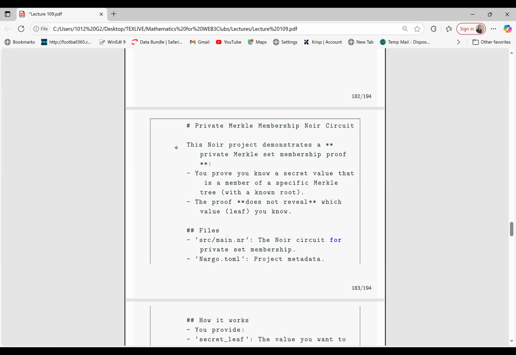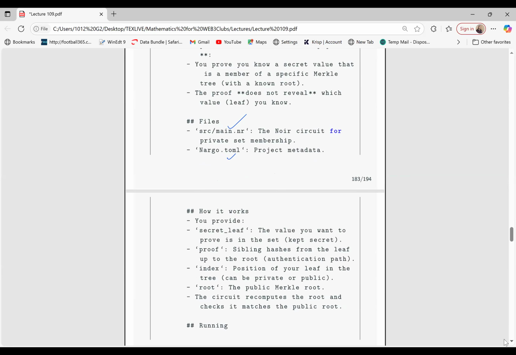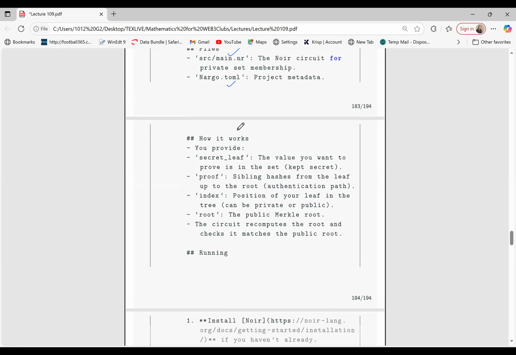This is what we always have in Nargo.toml, and I'll be showing you how to write it, depending on the proof you're doing. So how it works is that you provide the secret leaf, that is, a value you want to prove in the secret set. So the set must also be secret.